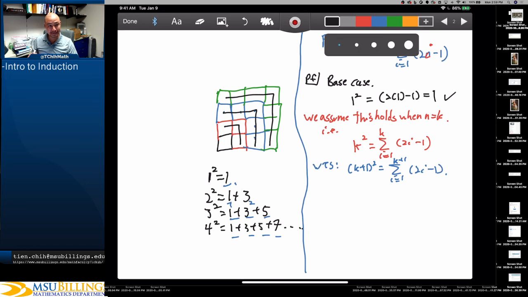And so let's think back to what we did here in these squares over here. Every one of these squares here we thought of as a little square adding something else, right? And so that is the heart of the inductive step, and that idea is what's going to translate algebraically into our proof here. So we'll start with k plus 1 squared.